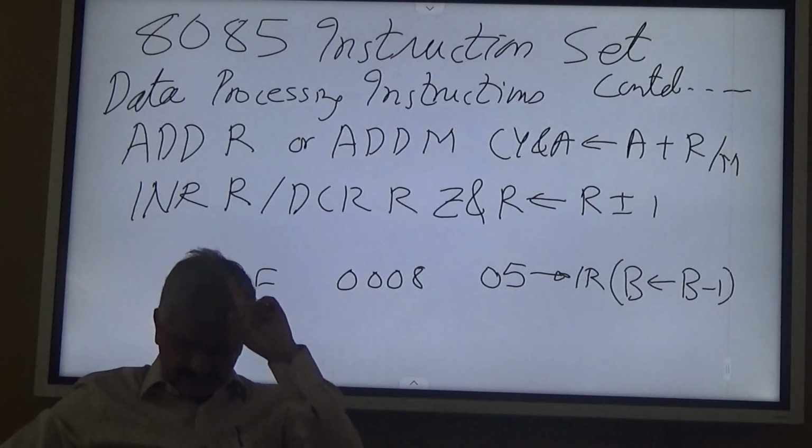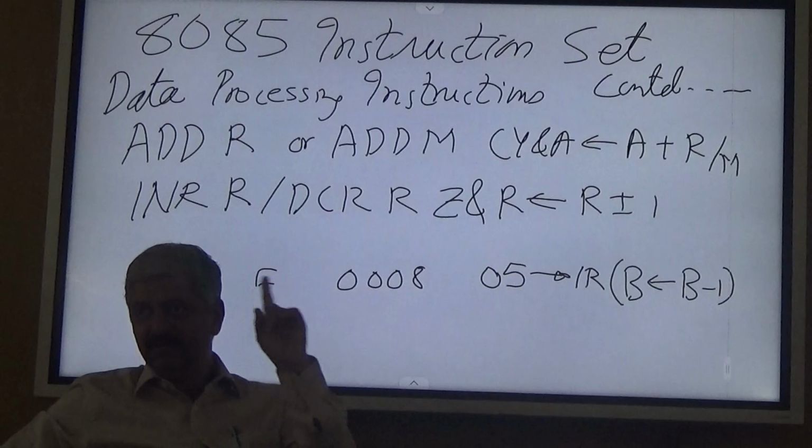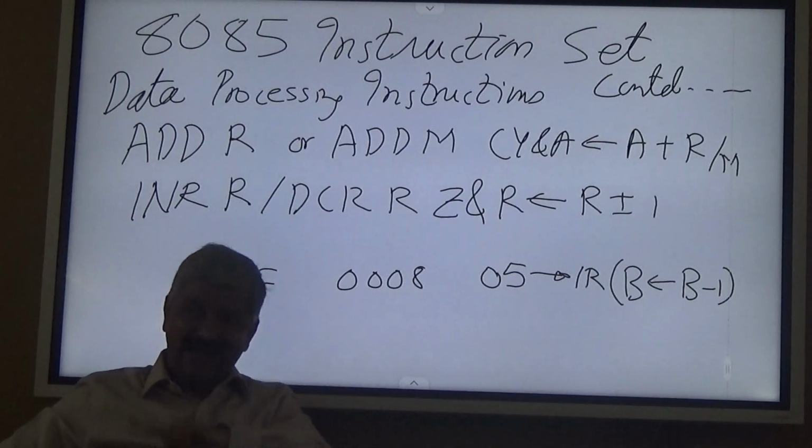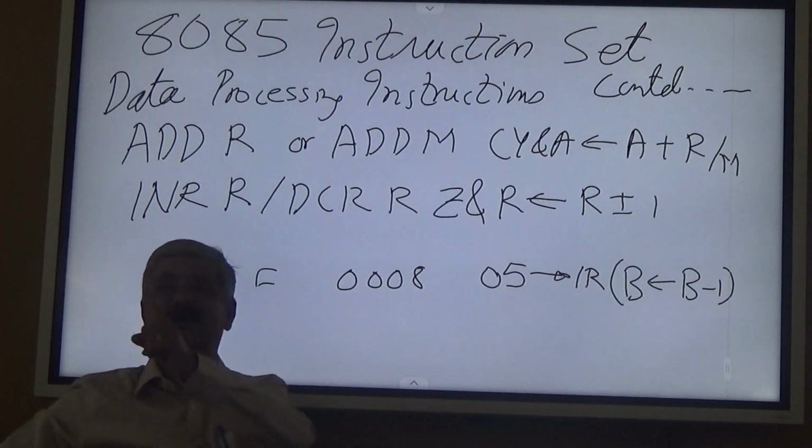MVI B, 02, decrement B, again decrement B, zero flag will become 1.